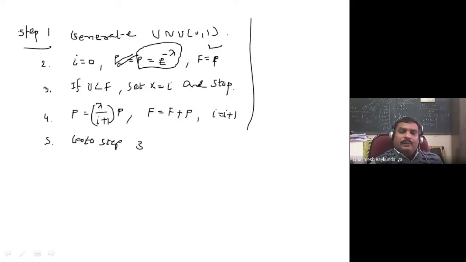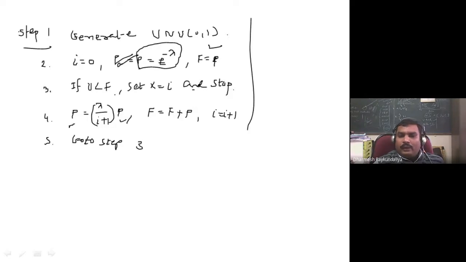Now if u is less than f, then set x equal to I, which is 0. So if the random number u generated is less than e raised to minus lambda, then x equal to 0. Then if you know the current probability when x equal to I, you can calculate the probability of x equal to I plus 1.